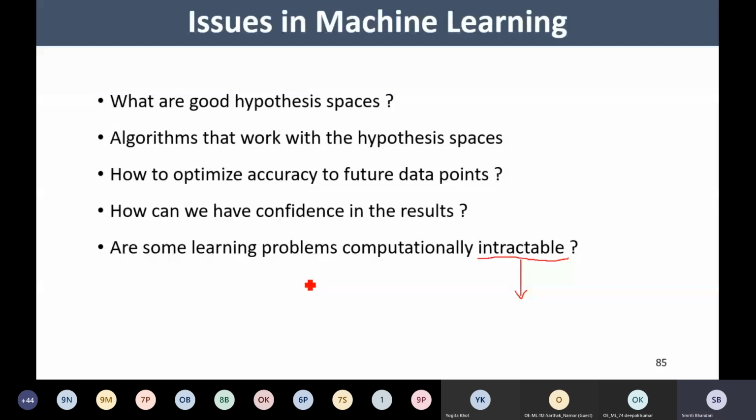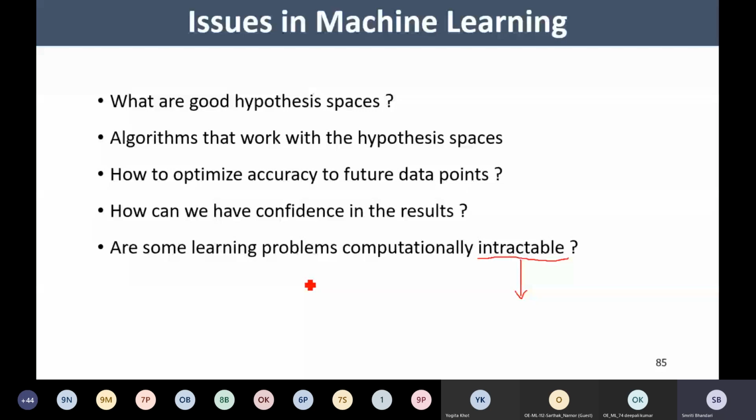If my algorithm is computationally intractable, meaning my algorithm is taking too much time, it is not using polynomial time to compute and reach the final solution, then I need not prefer such algorithms. Those are not efficient, right?